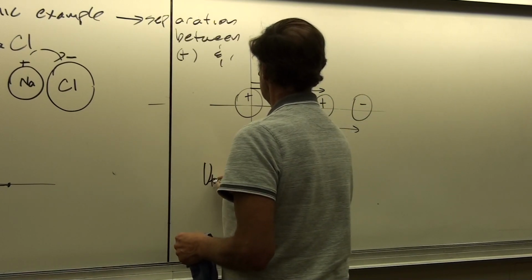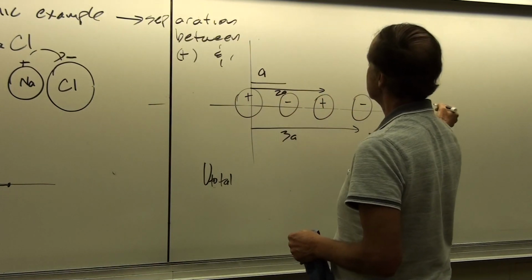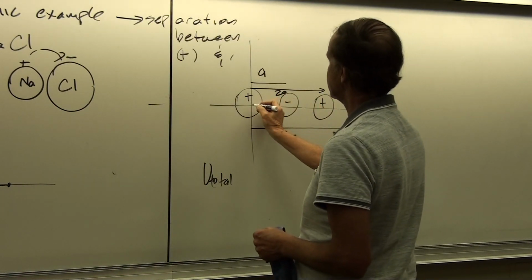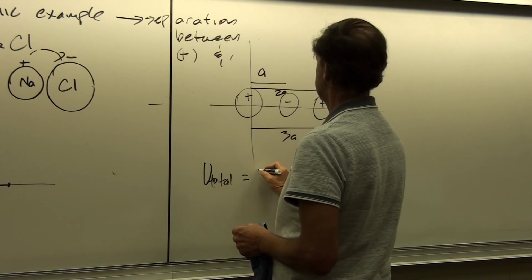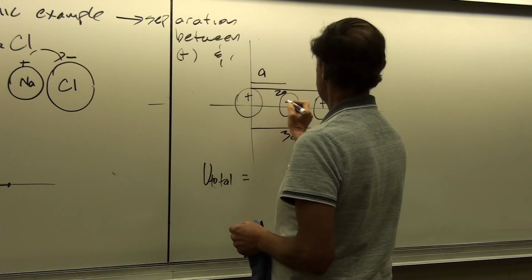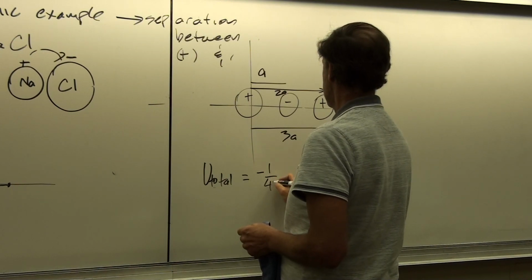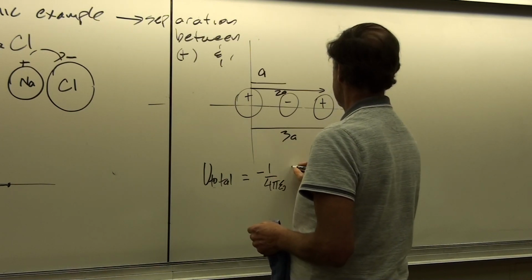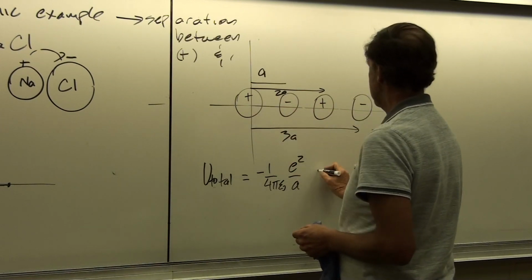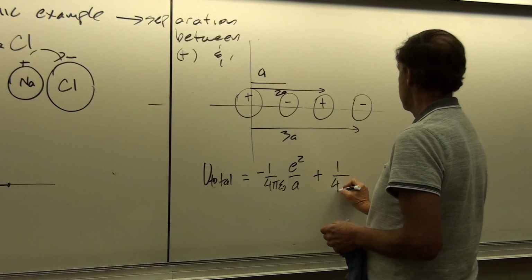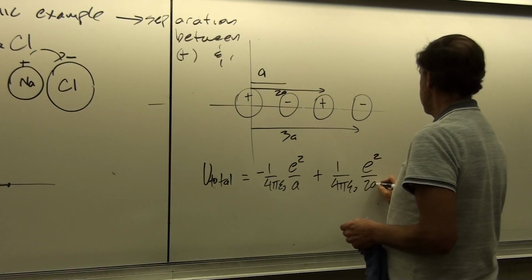And U total, from the interaction of all of the rest of these ions on the central ion, would be equal to, well, this would be U1, so that would be equal to minus 1 over 4 pi epsilon naught times e squared over A. Then U2 would be plus 1 over 4 pi epsilon naught e squared over 2A.